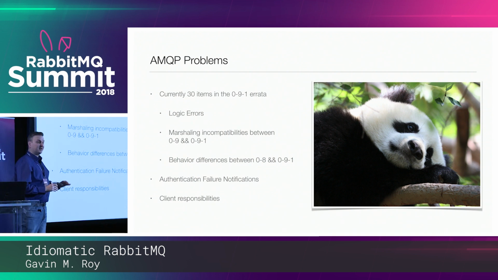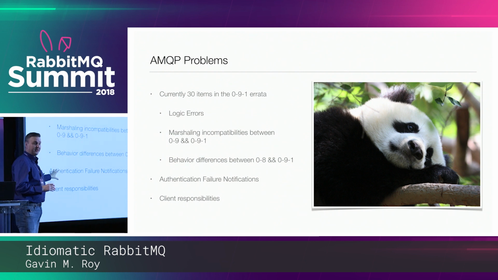One of the things that's really tough, or at least used to be, was dealing with authentication failure issues. Because you would connect, and as spec'd, RabbitMQ or any other AMQP broker, if you fail to authenticate, it just closes the connection.